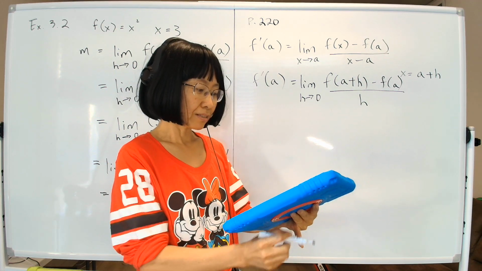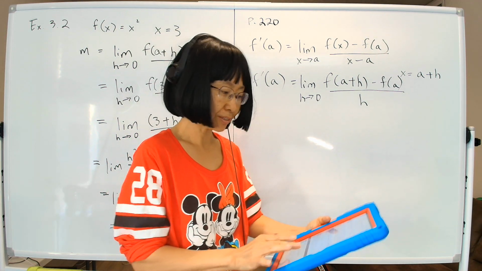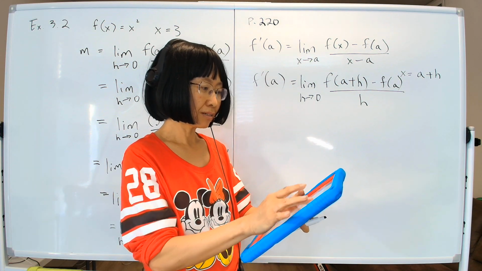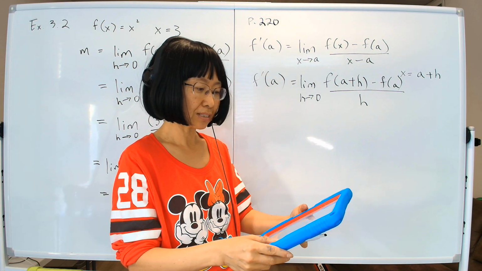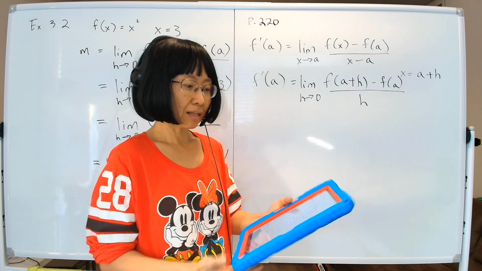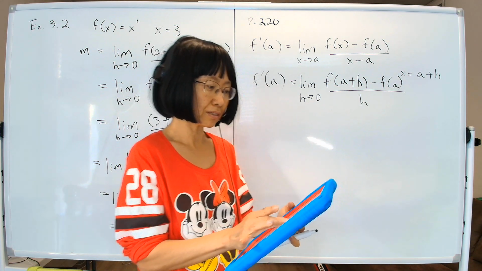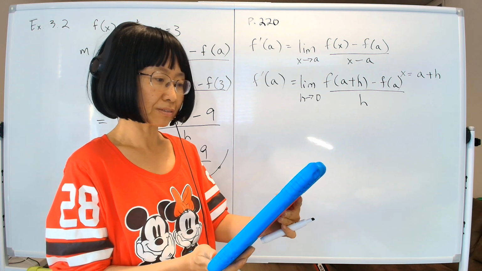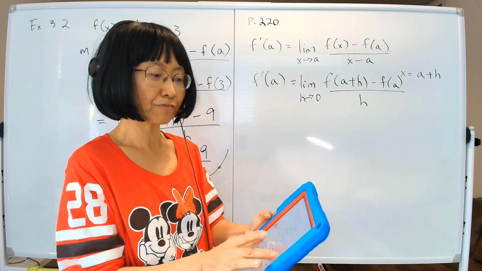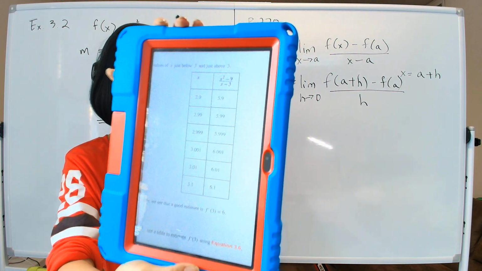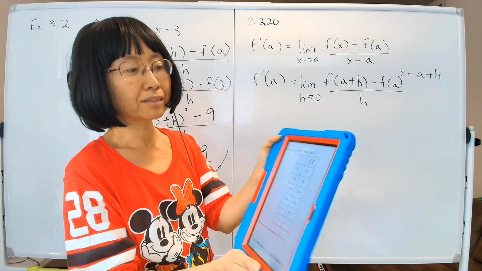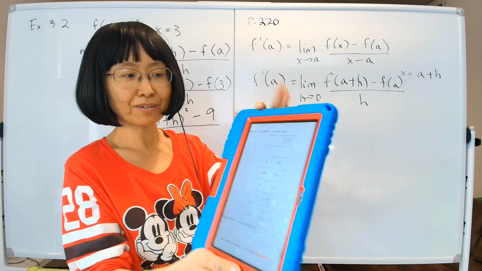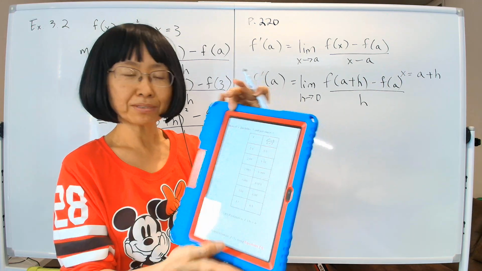So example 3.4, as I mentioned earlier, I would like you to do in your homework. What you're supposed to do is calculate the values of a simple formula. You can see it in your book. You have to plug in the values in the chart, and then the results come out.